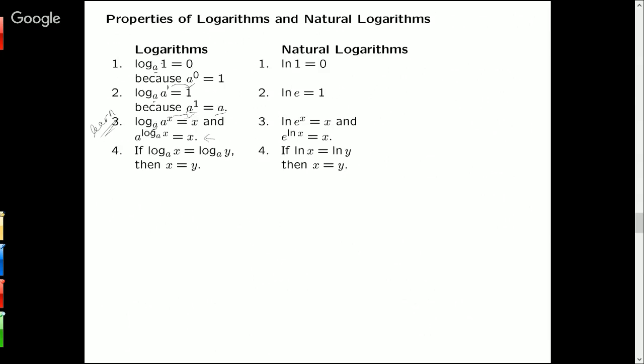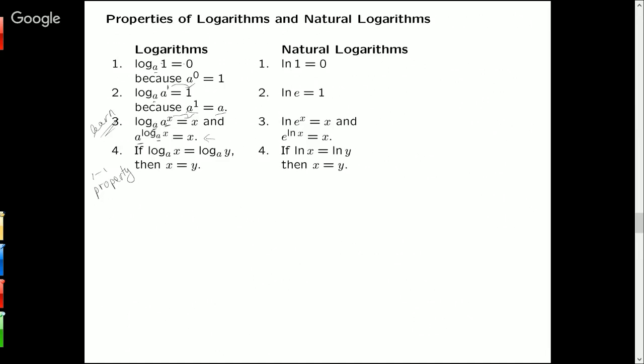Same base here as the base inside the logarithm, and those two have to be the same for it to work. If log base a of x equals log base a of y, then x equals y. This is our one-to-one property for logarithms.